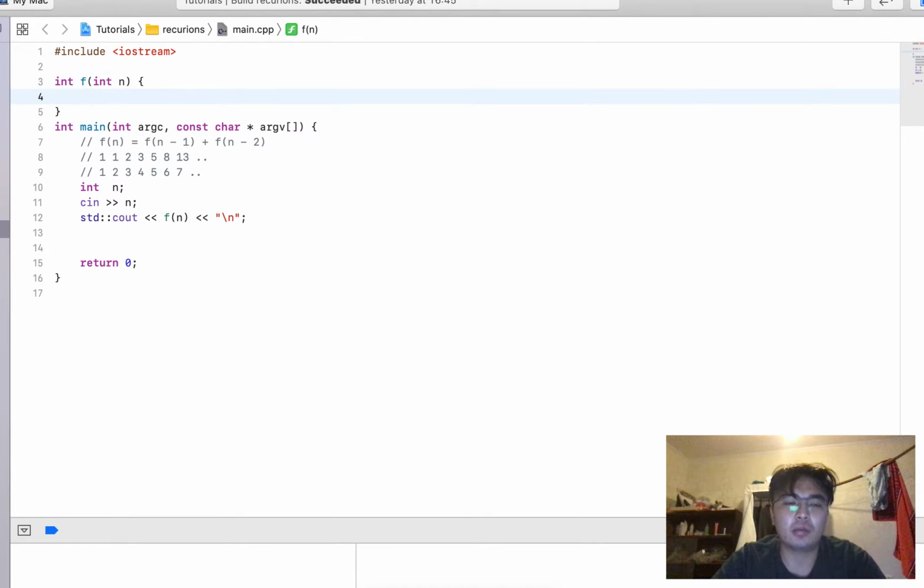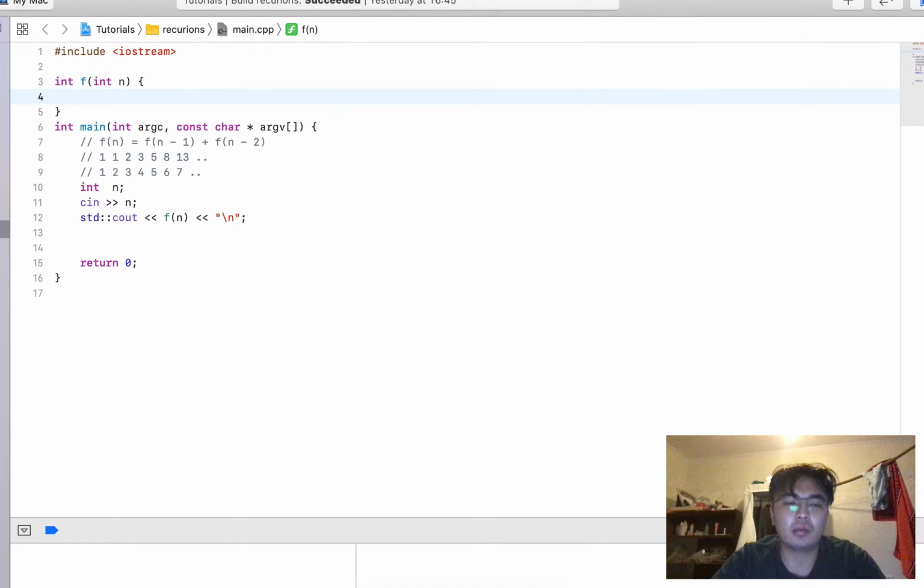So let's assume there is a caller function and a callee function. Caller function is f, and callee function is also f, but those two functions don't have anything in common. Actually, they are totally different functions. We will assume that.